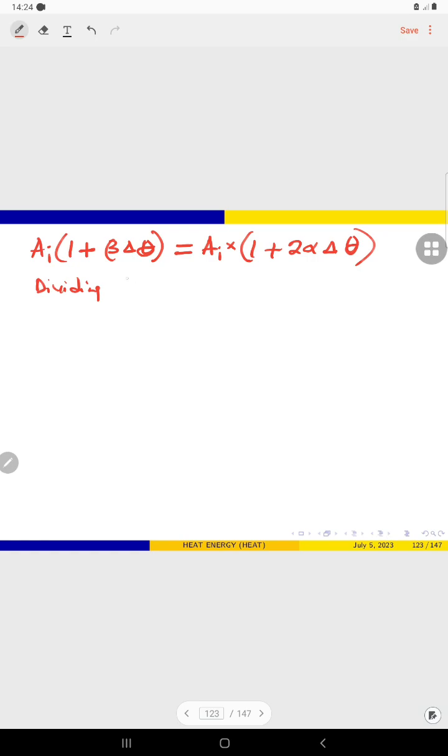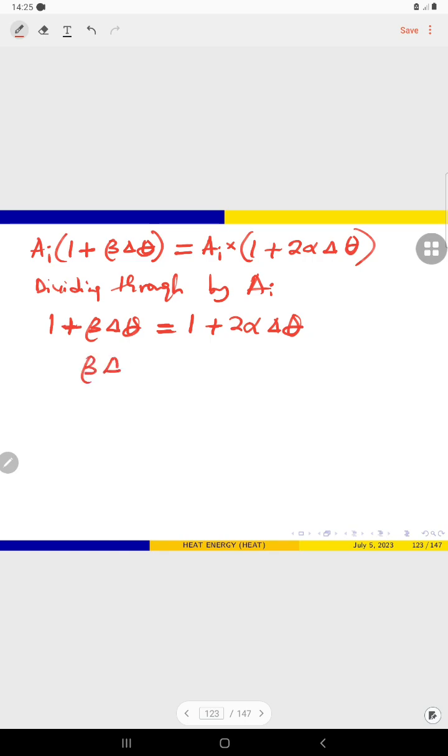And when we divide through by AI, okay, the AIs will go, you get 1 plus beta delta theta equals what? 1 plus 2 alpha delta theta. Then, when we subtract 1 on both sides, the 1s will go. We'll be left with beta delta theta is equal to 2 alpha delta theta.